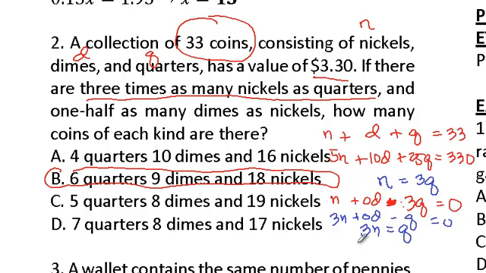However, if we do this the normal way, setting up the equations, we have 3n equals q, and one half as many dimes as nickels, so d over 2 equals n. Somehow we could combine those, but it would be a lot more difficult.